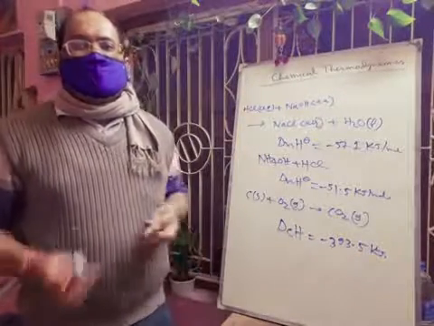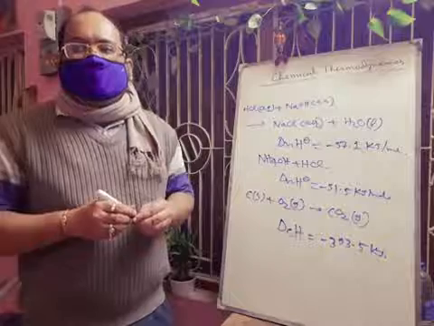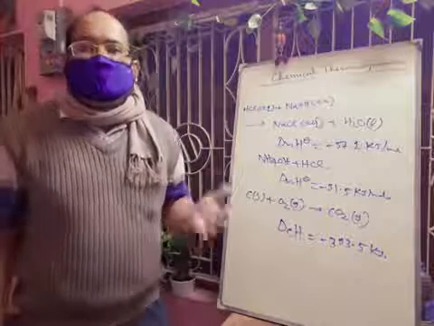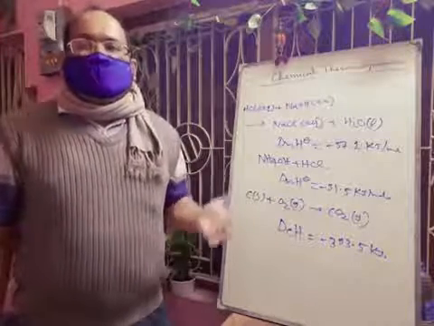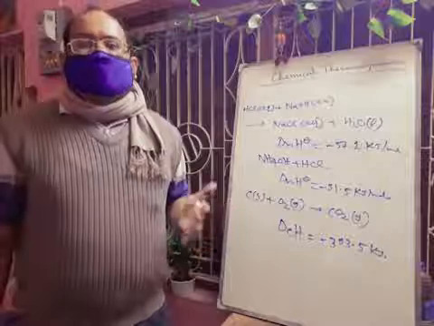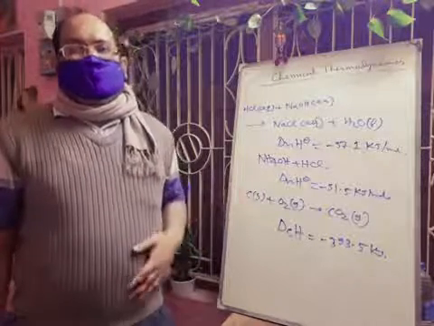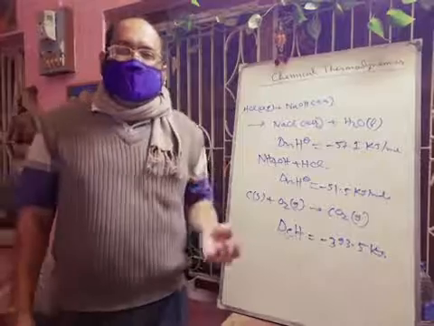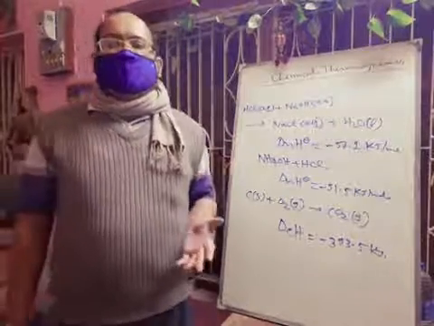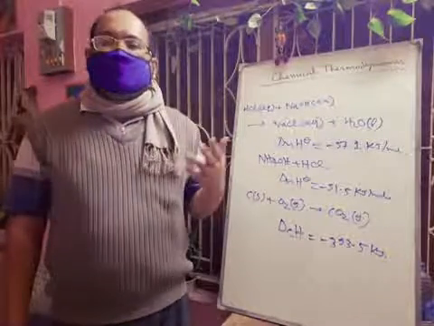Now the standard enthalpy of combustion is defined as the enthalpy change per mole of the substance, with all the reactants and products being in their standard state at the specified temperature. Since combustion is always accompanied by evolution of heat, the enthalpy of combustion is always negative.